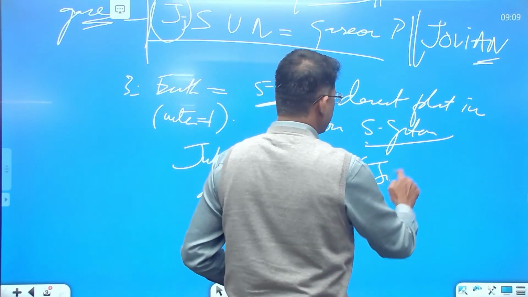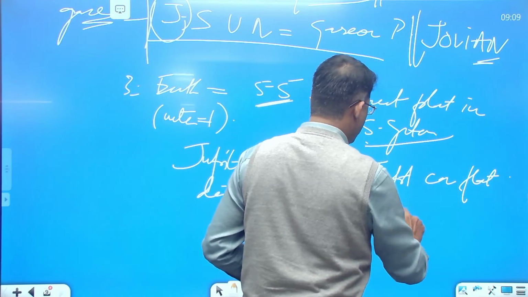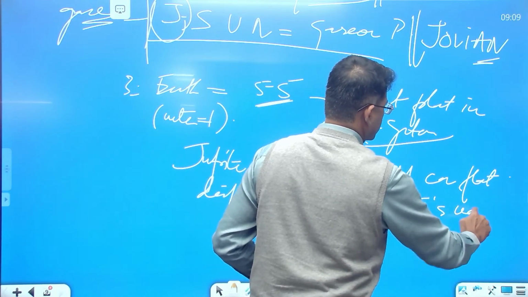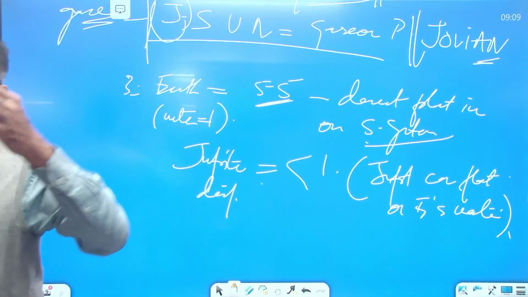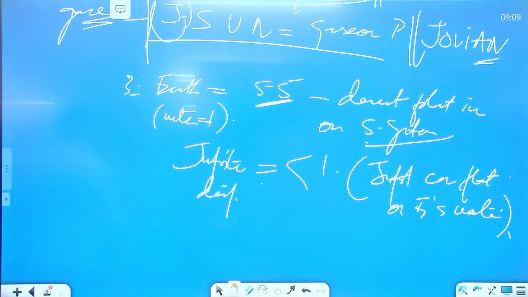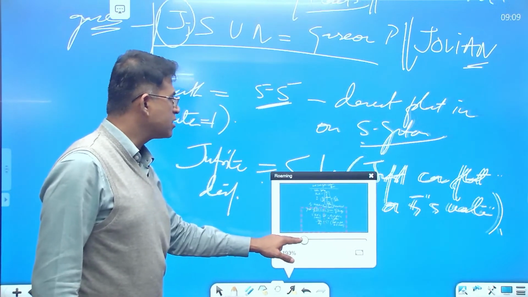It is said that Jupiter can float on Earth's waters. And Jupiter is the largest in terms of size, but it is lighter than the water on Earth. So that's one more fact.